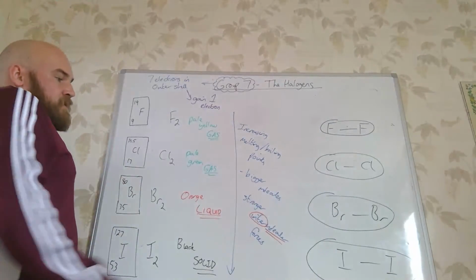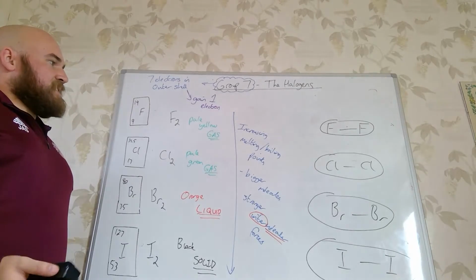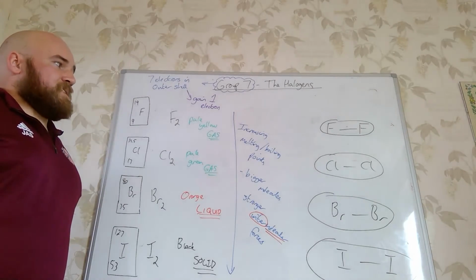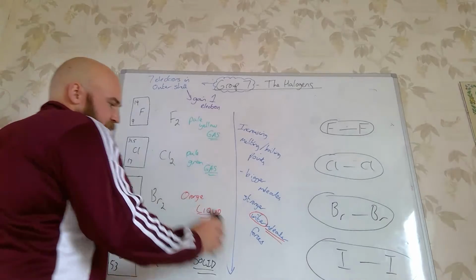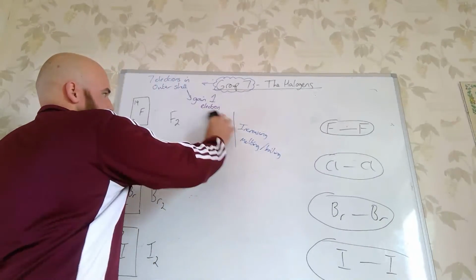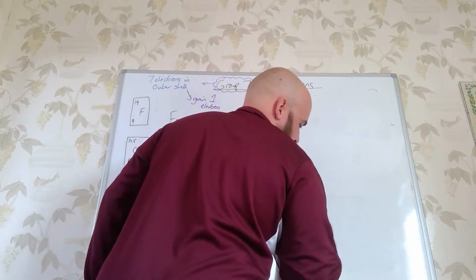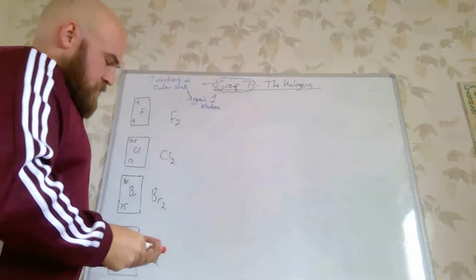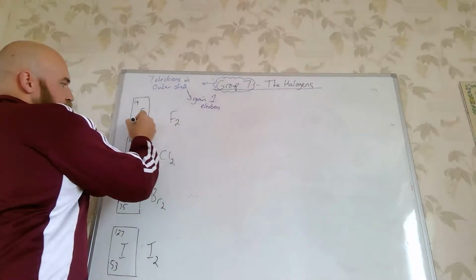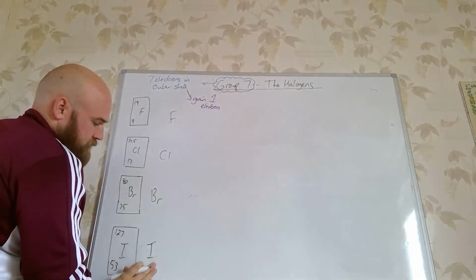Okie dokie. So let's move on then to have a little bit of a look at the reactivity of these things. I'm just going to get rid of this and then start looking at reactivity. I'm just going to draw two of the atoms here. So I've got fluorine, which has got 9 electrons. I'm just going to focus on the atoms now rather than the molecules.